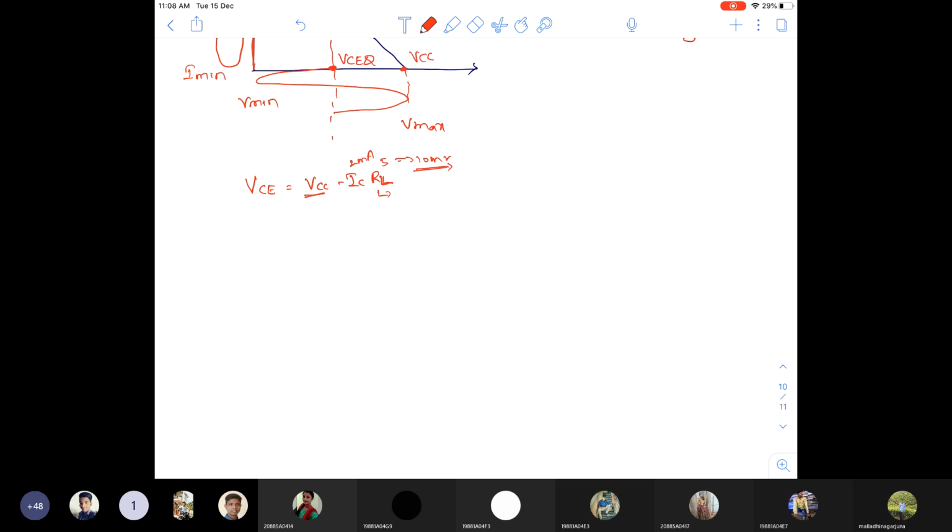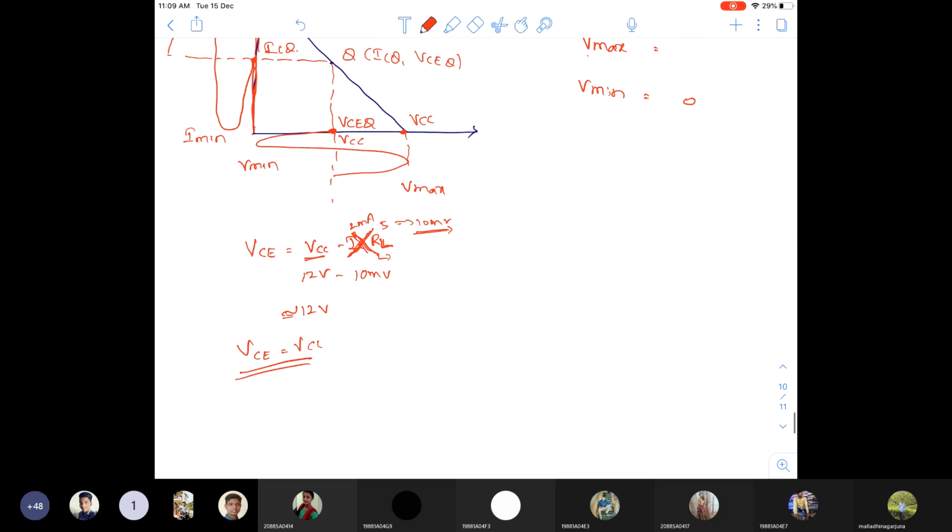VCC is 12 volts, and 12 volts minus 10 millivolts is approximately 12 volts. So this portion gets eliminated. So VCE is approximately equal to VCC. So this is 1 VCC, and this is 1 VCC, so this becomes 2 VCC.